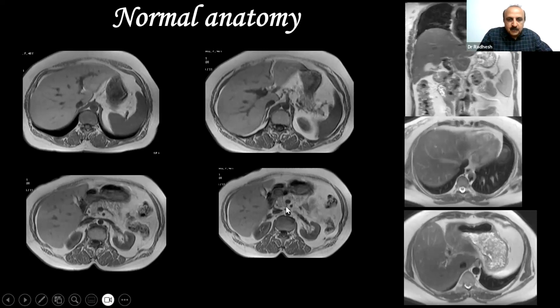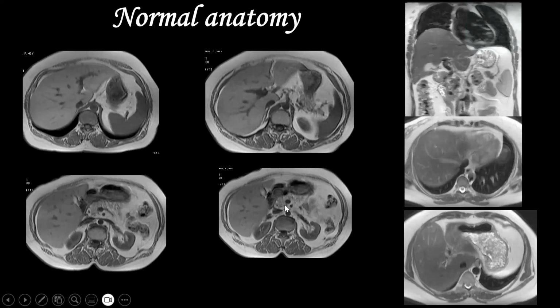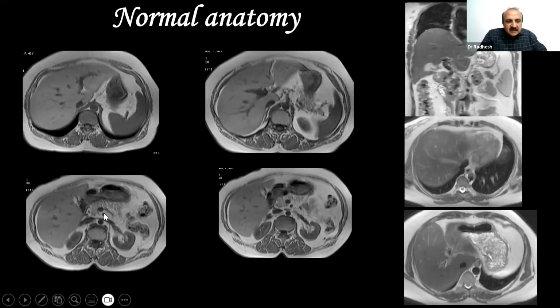So on table, when you open, just imagine you're seeing from above. You would have retracted the stomach. You will see the pancreas. Behind the neck of the pancreas, you see the superior mesenteric vein. Behind the superior mesenteric vein, you see the uncinate process of pancreas. And then you see a structure here, a dot here. This is superior mesenteric artery.